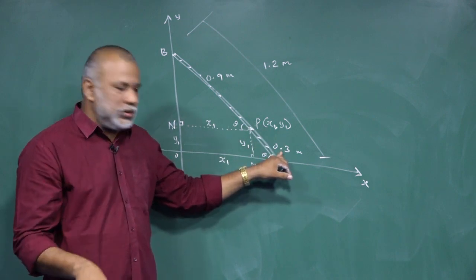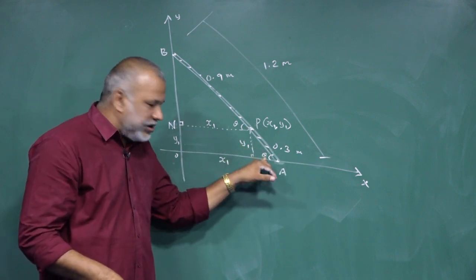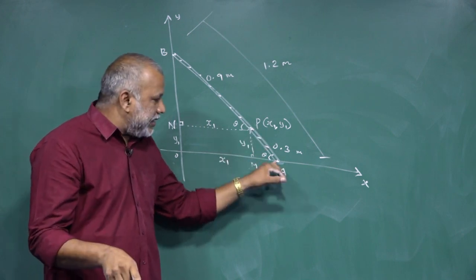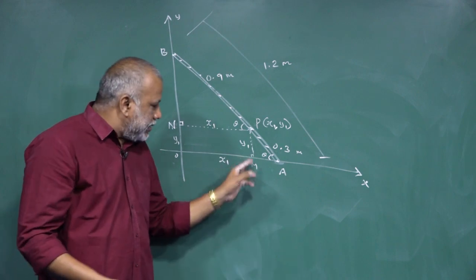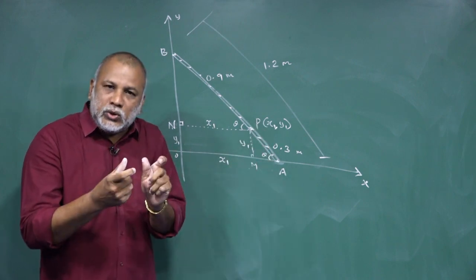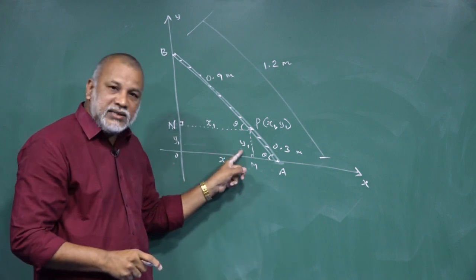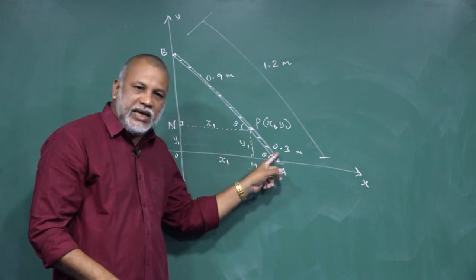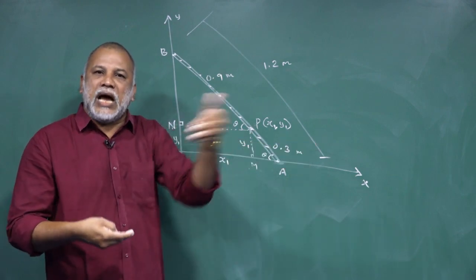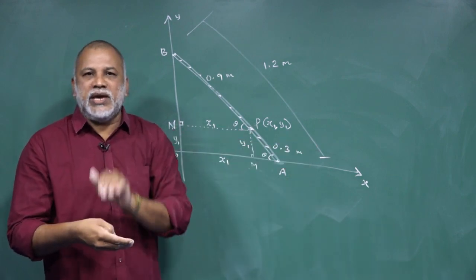Theta is here, so this side is the opposite side, and this side, opposite the 90 degrees, is the hypotenuse. What is the relation between opposite and hypotenuse? That must be sine theta.